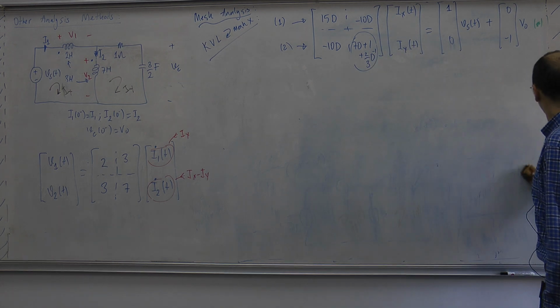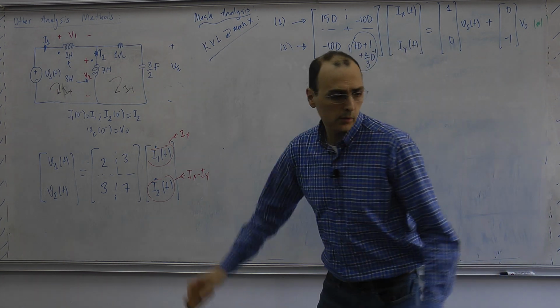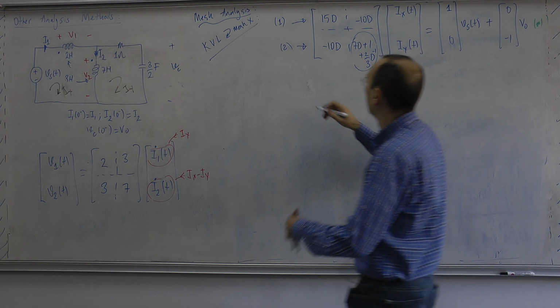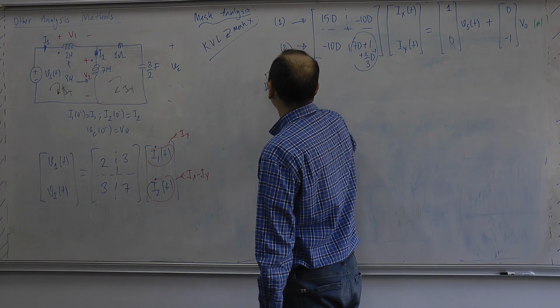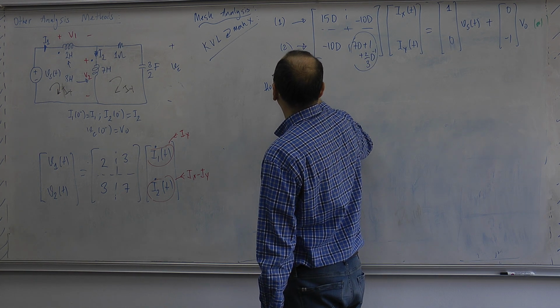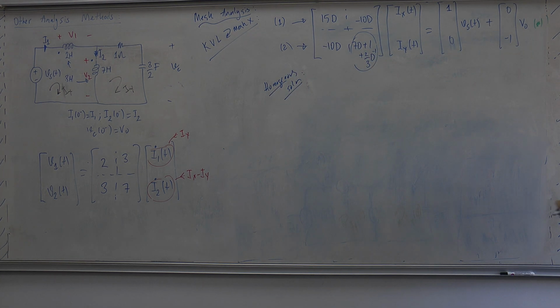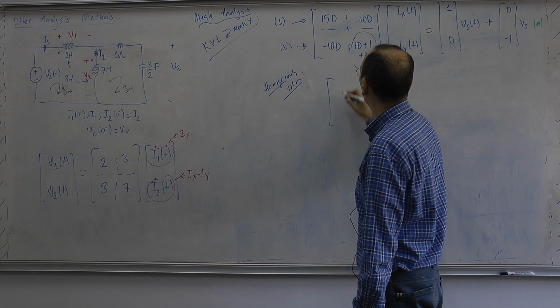Again, this is a constant coefficient differential and integral differential equation. Okay. So how should I solve this? Again, there is this homogeneous solution issue. So how do I handle the homogeneous solution?